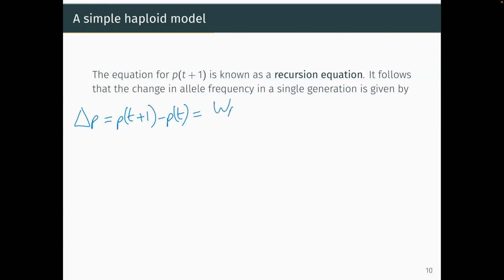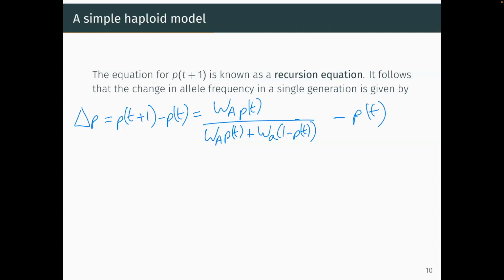So we had W sub capital A times P of T, divided by W sub capital A times P of T plus W sub little a times 1 minus P of T. And then we're going to subtract the frequency of this capital A allele in the current generation.